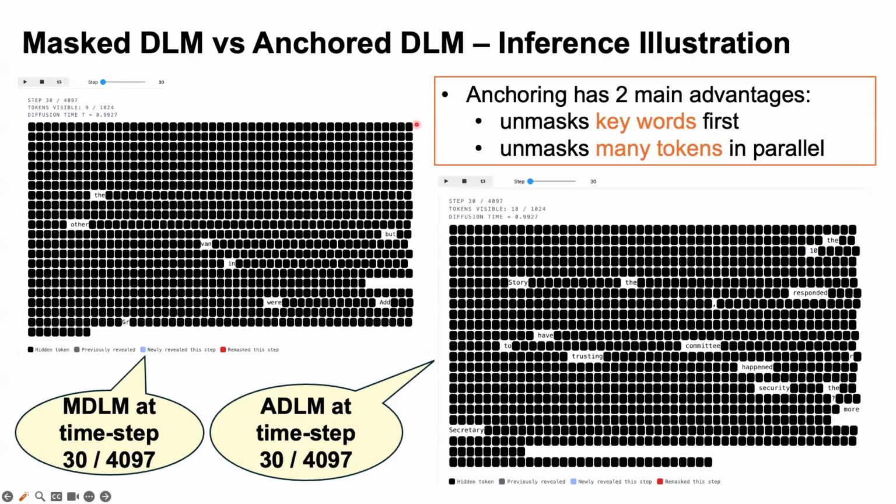To illustrate the implications of the inference, we empirically observe that anchoring has two main advantages. It unmasks keywords first and unmasks many tokens in parallel. In a 4096-step diffusion, let's look at MDLM, the standard mask diffusion model, on my right.